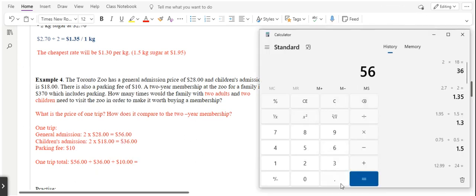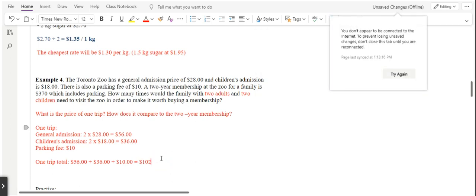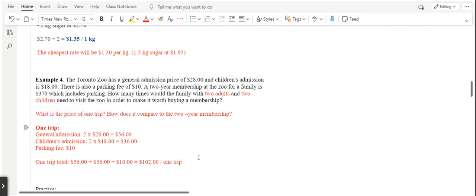So 56 plus 36 plus 10 is going to be $102 for one trip. All right, and that's what we have here then, all right?